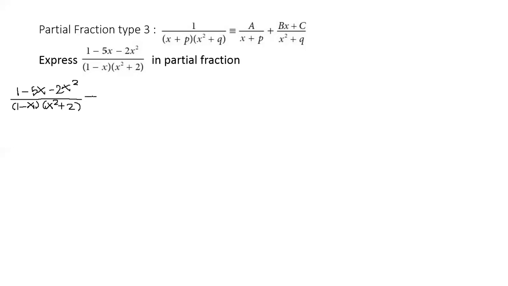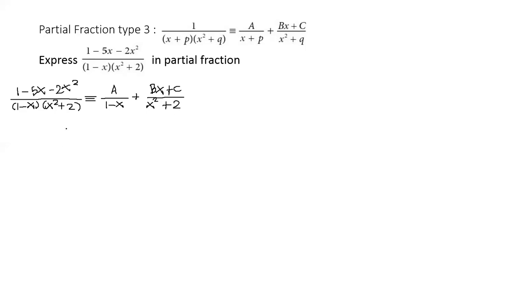We may convert it into partial fractions according to this rule: A over (1 minus x), plus, based on this rule, (bx plus c) over (x squared plus 2).